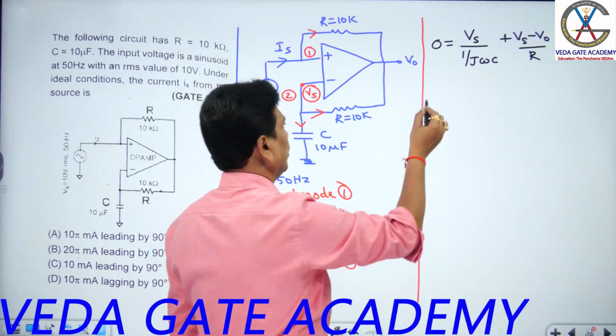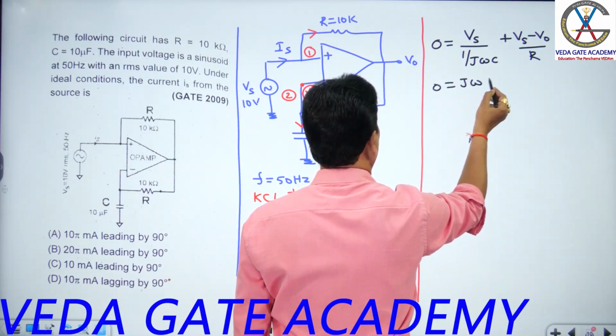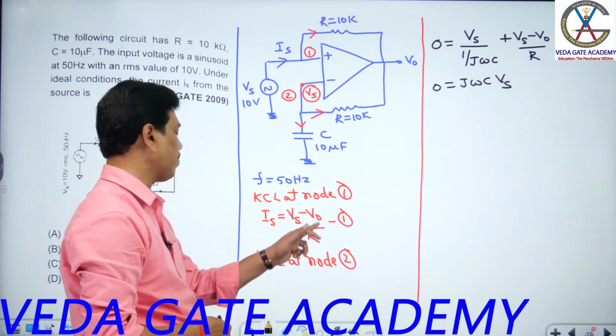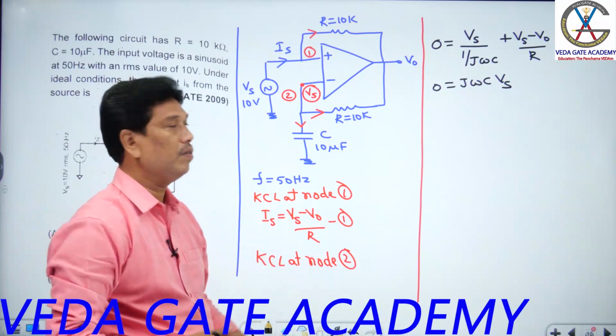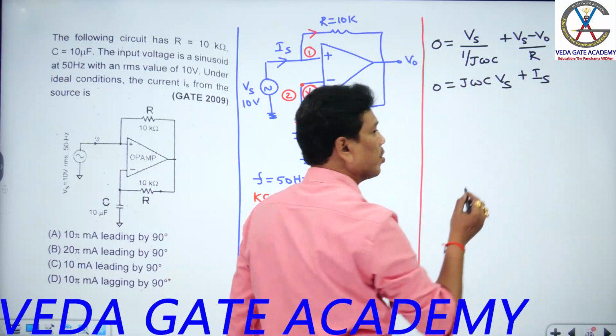Now I rewrite this: 0 equal to j omega C into Vs, plus Vs minus V0 by R. From equation 1, I can write Vs minus V0 by R as Is. Got it, students?